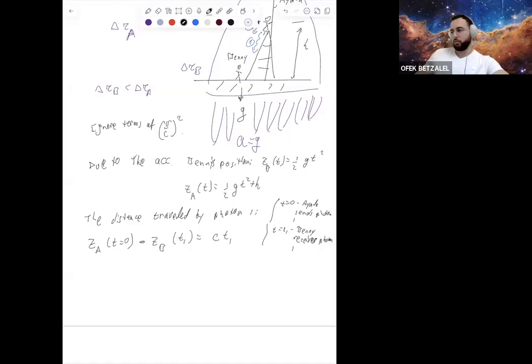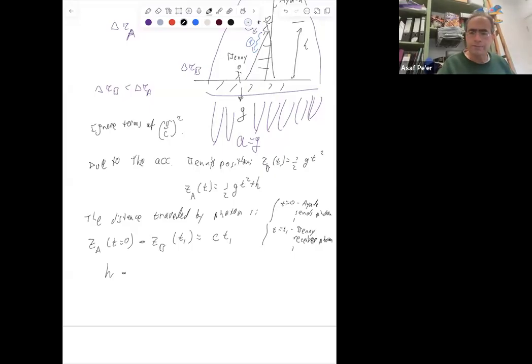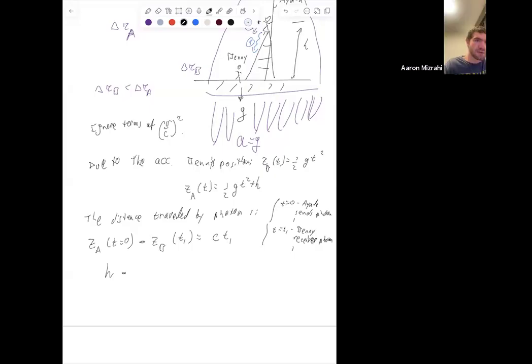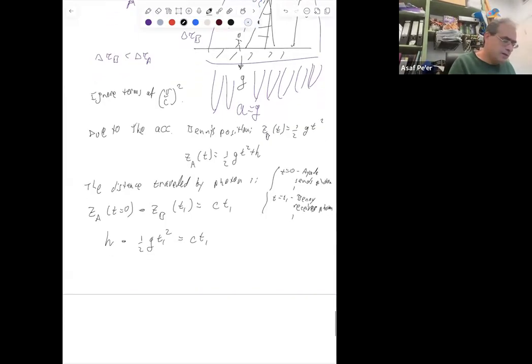H. And Z Benny at t1? Minus half G t1 squared. This is equal to C t1. Now, this is the first equation we have.